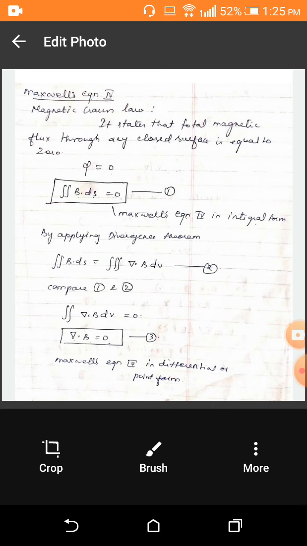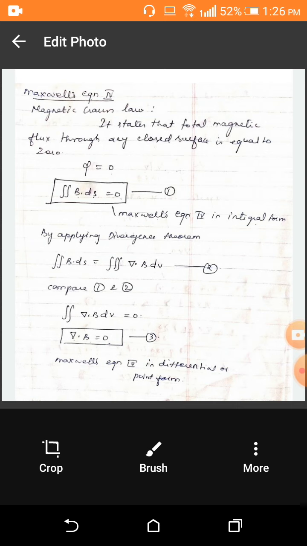Next, to find it in differential form, we are going to apply the Gauss divergence theorem. Here the surface integral is converted into a volume integral by taking the divergence of the same vector. That is, double integral B dot dS is equal to volume integral del dot B dv.